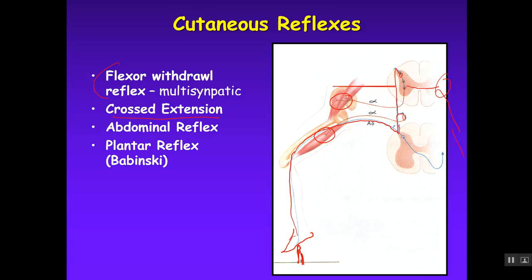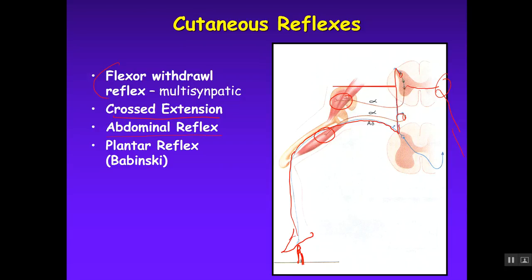So flexor withdrawals if you don't have to do a weight-bearing thing. Cross extension is if you are doing a weight-bearing activity. Sometimes the cross extension, though, is also just to push away a perceived threat. So something's coming up and you're trying to push it away. So it's not always purely if you're just weight-bearing or not. Okay.